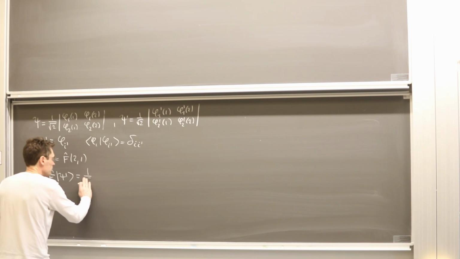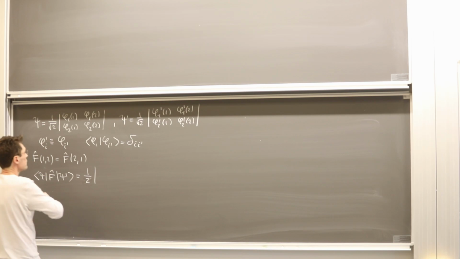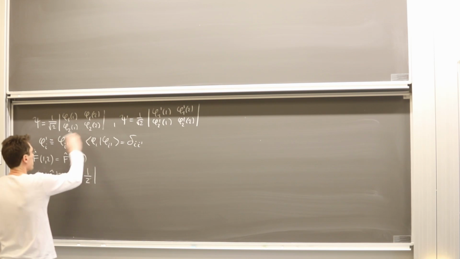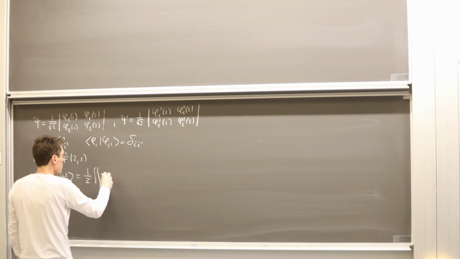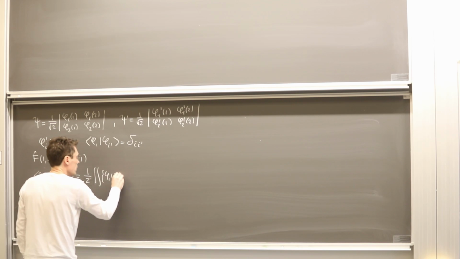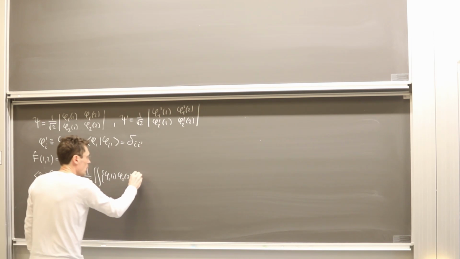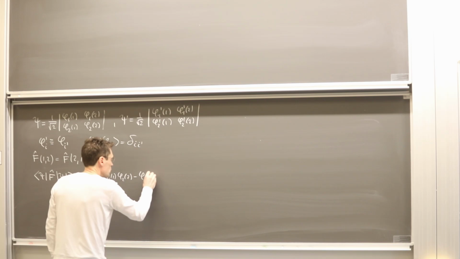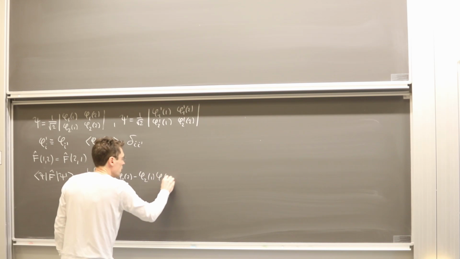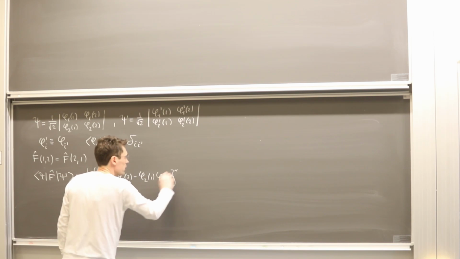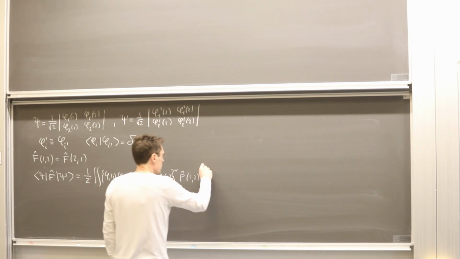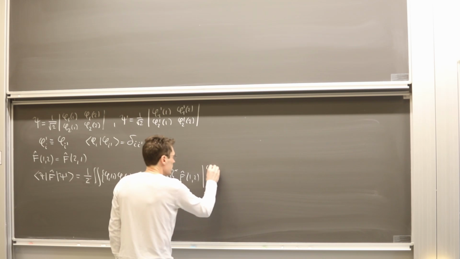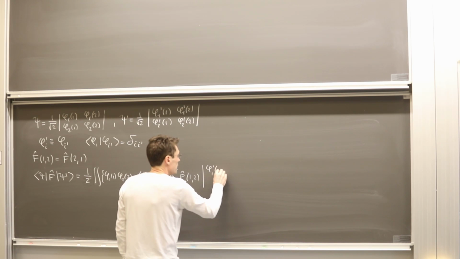Let me write out the first determinant. So I get phi 1 of 1, phi 2 of 2, minus phi 2 of 1, phi 1 of 2, all of this conjugate, F operator, and then the other determinant I might just keep as a determinant.